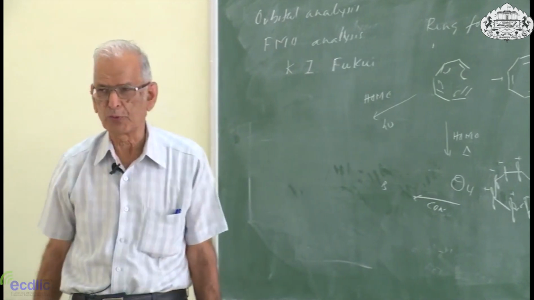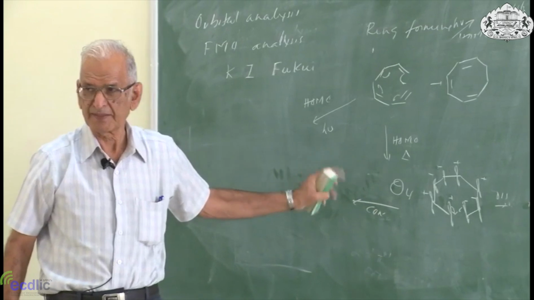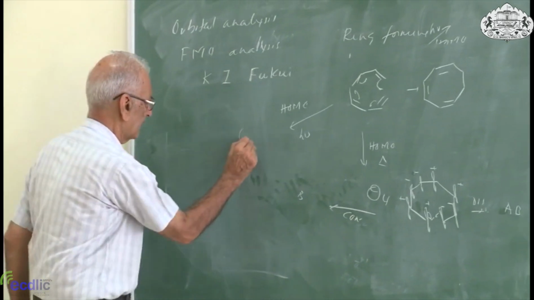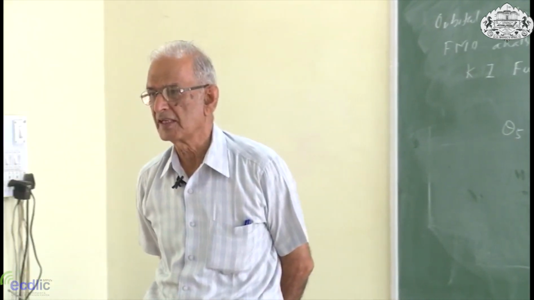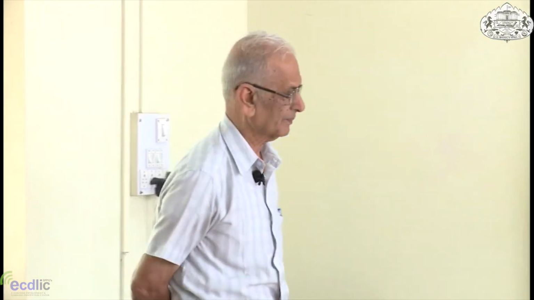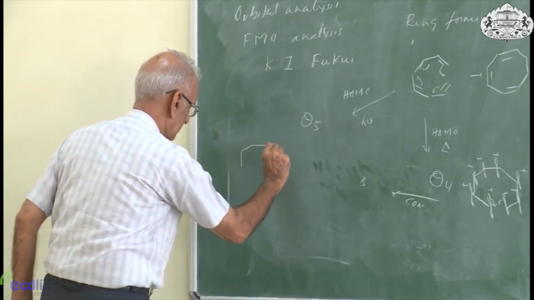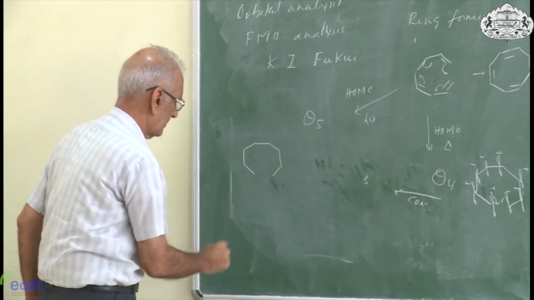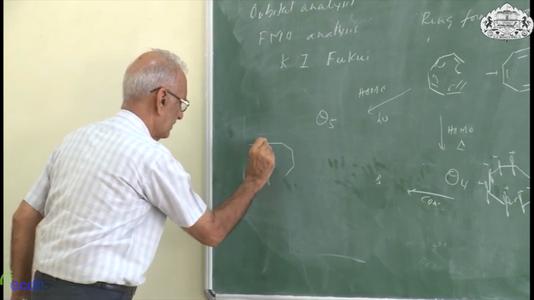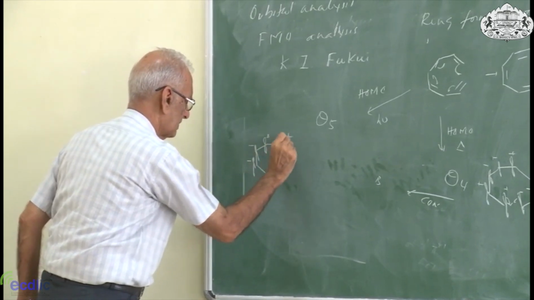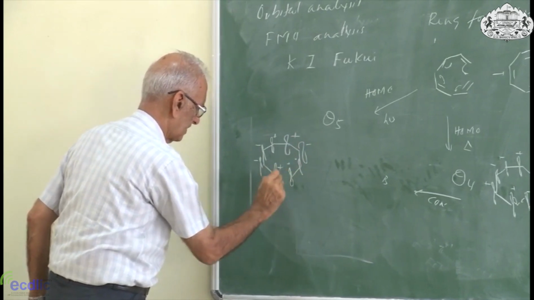HOMO for the photochemical reaction: electron from theta 4 is going to go into theta 5. What is theta 5? Theta 5 is your original LUMO. Plus, minus, minus, plus, plus, minus, minus, plus.